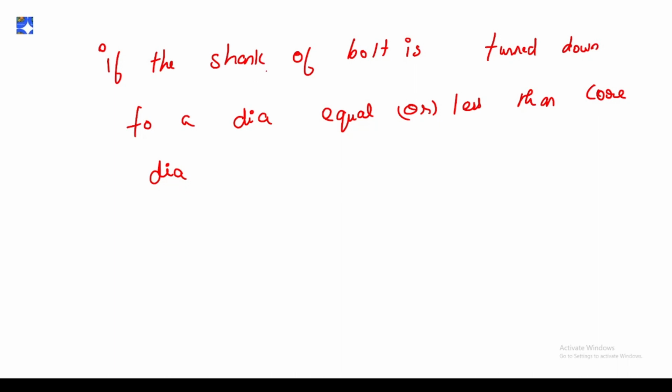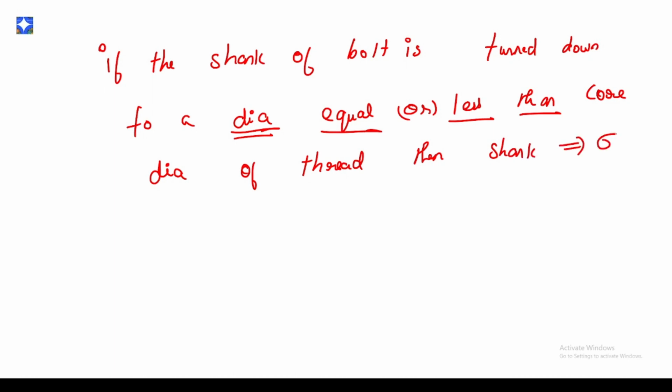So if you make the shank of the bolt turn down its value of diameter either equal to or slightly even lesser than the core diameter of thread, then the shank will actually undergo higher stress. The stress will be more.